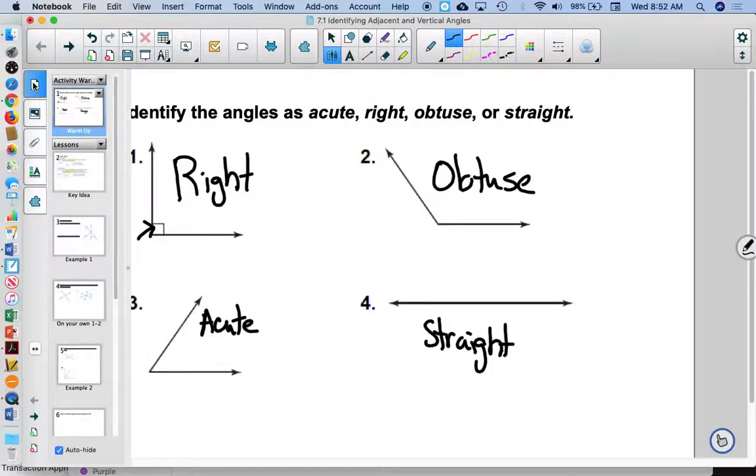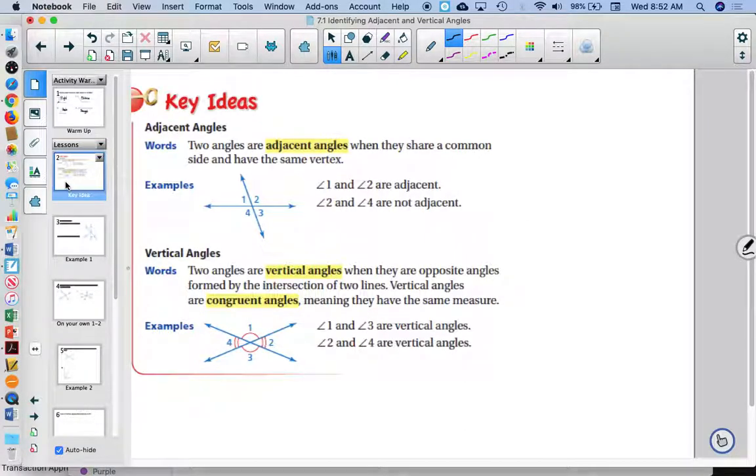Simply review. Now, in talking about vertical and adjacent, this should be familiar territory to you. Okay? An adjacent angle is when they share a common side and the vertex. So it has to have a side and the vertex.